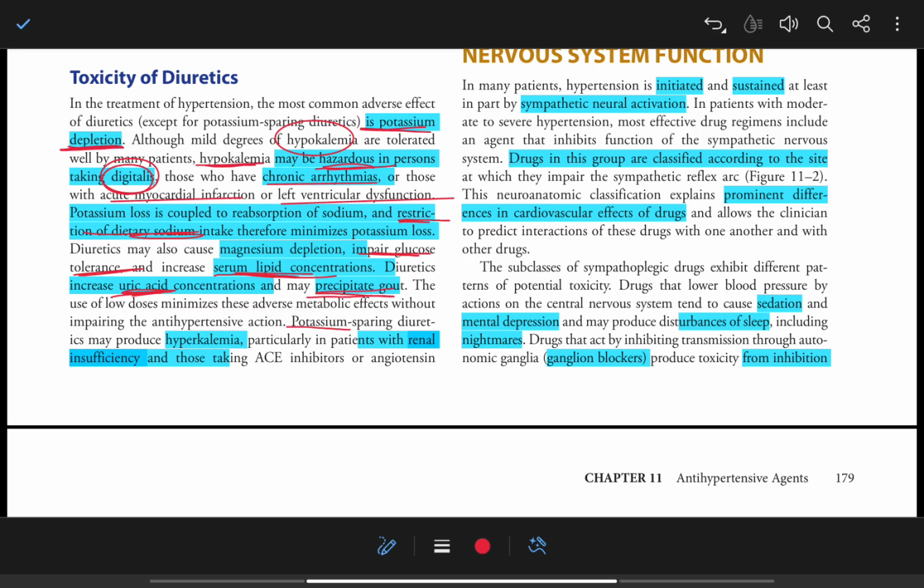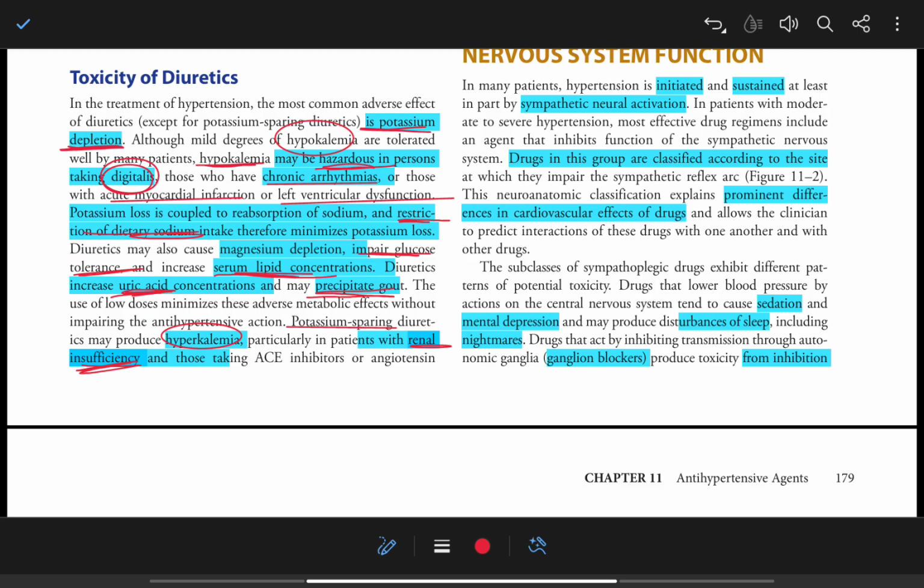Then for the potassium sparing diuretics, their own side effect will be hyperkalemia. Okay, and this will be more disastrous if the patient already has renal insufficiency. If a patient is already having renal insufficiency, giving them spironolactone is disastrous, because they won't be able to manage the hyperkalemia since their kidney is already failing.